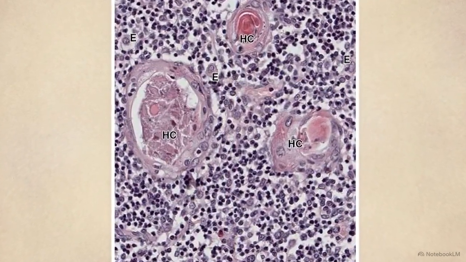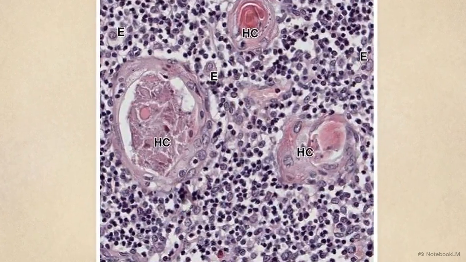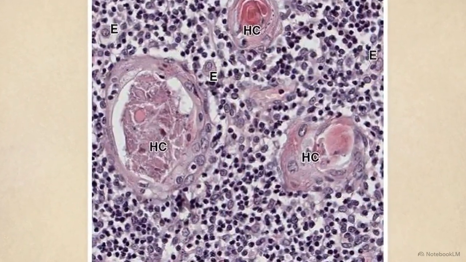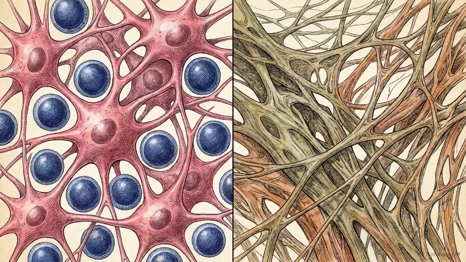These factors are critical for the development of regulatory T cells, which maintain peripheral tolerance throughout the body. A failure in this anatomical development, such as DiGeorge syndrome, results in thymic aplasia. Lacking the necessary epithelial architecture, the body cannot produce T cells, leading to absent cell-mediated immunity.